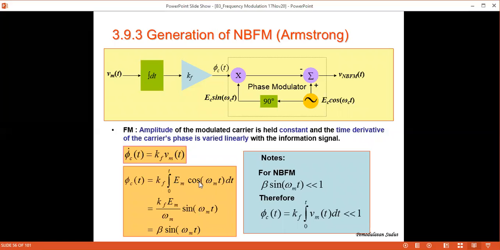Assuming our VMT is cosine, it becomes beta sine omega mt. For narrowband FM, beta sine omega mt is much less than 1. Similarly, our phi-CT, the phase deviation, is also much less than 1, since the phase deviation is equal to beta sine omega mt.